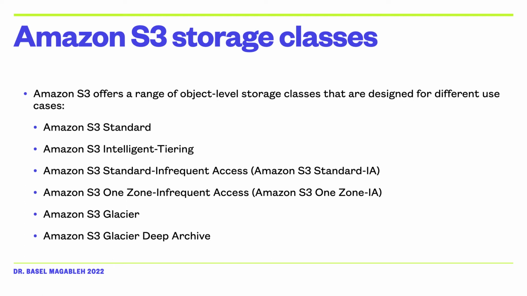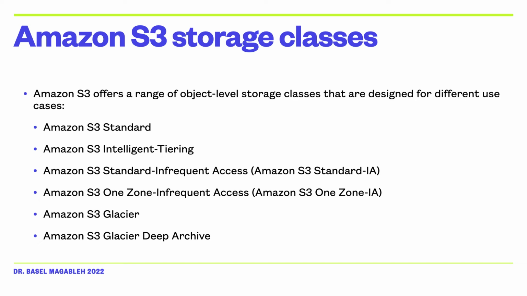The last class is called Amazon S3 Glacier, and Glacier is a secure, durable, and low-cost storage for data archiving. You can reliably store any amount of data at costs that are competitive with or cheaper than on-premises solutions. To keep costs low and be suitable for varying needs, Amazon S3 Glacier provides 3 retrieval options that range from a few minutes to hours.